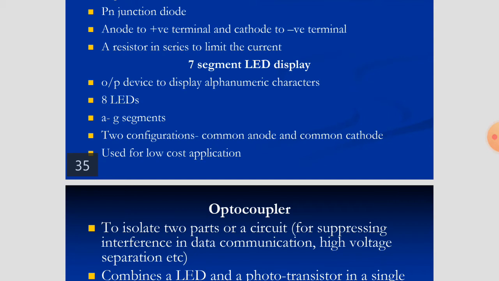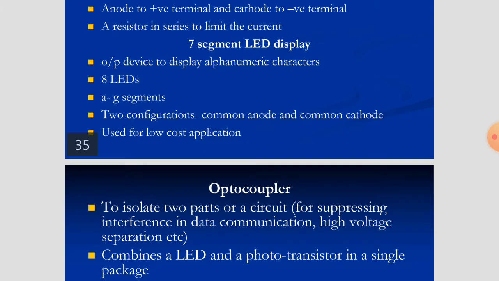Sometimes you want to display some messages in terms of letters, so both can be achieved by using the 7-segment LED display. Here you can see that it has a total of 8 LEDs, with segments A to G. It has 2 types of configuration. You can connect it in 2 ways, by using common anode and common cathode.